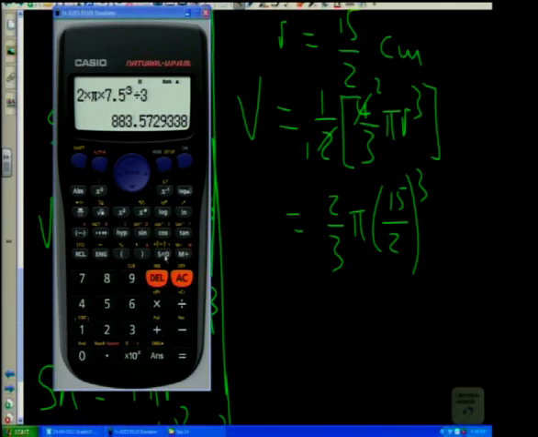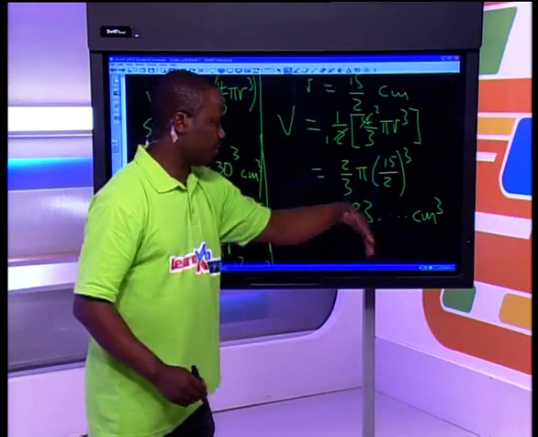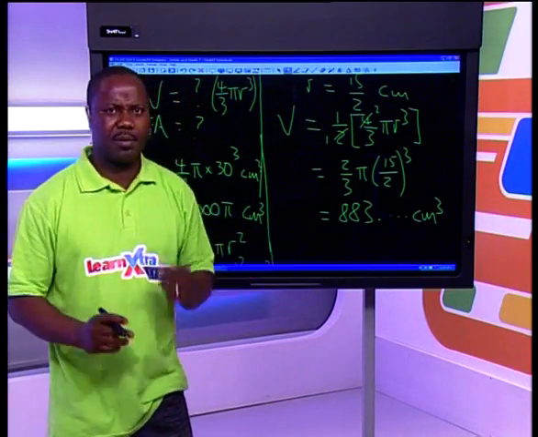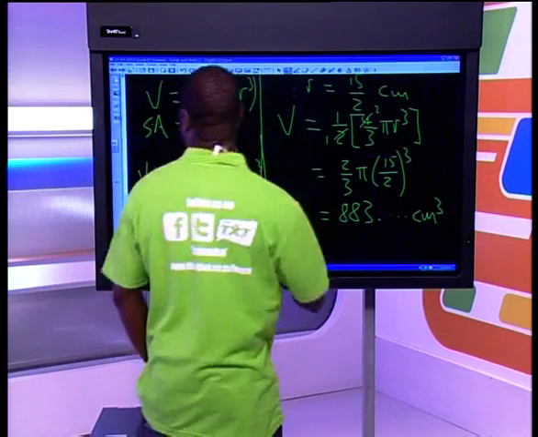So it's going to be 883 and some odd fraction after the comma. So that will be in centimeter cubed. If you can take it to say 2 decimal places, that would be enough. All right, so that was the volume.